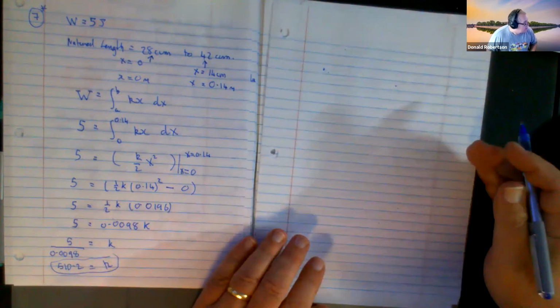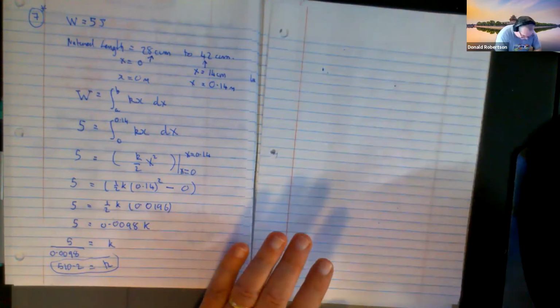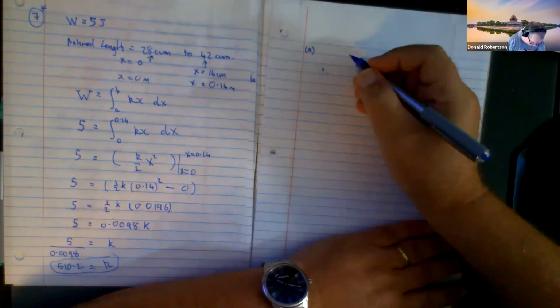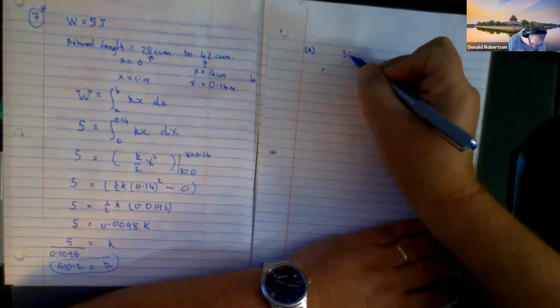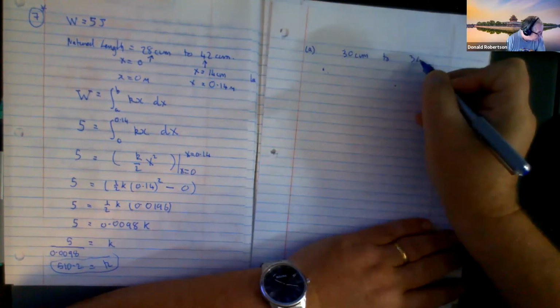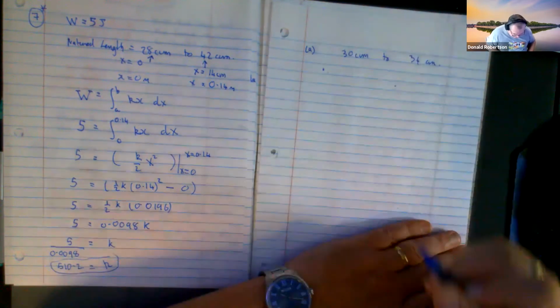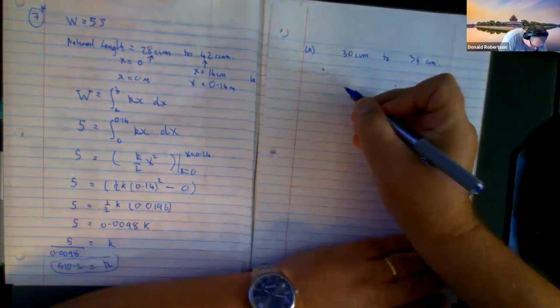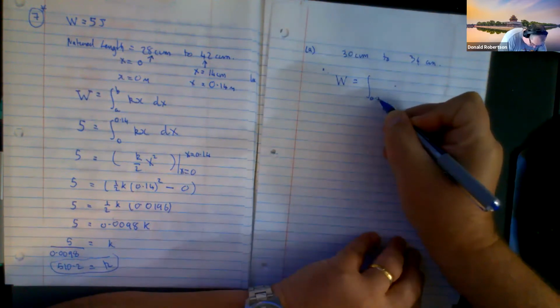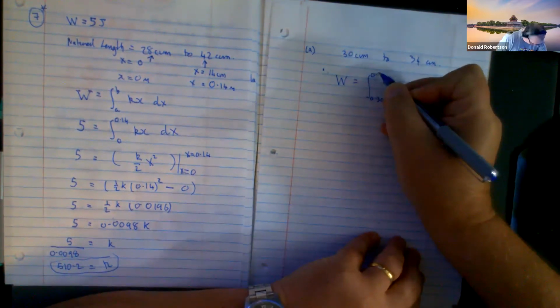Now, we haven't actually answered the question yet. Here are the 2 questions. I'll do one of them. It asks you how much work to stretch it from 30 centimeters to 34 centimeters. And don't write this down because it's wrong. Oh, I know how this works. 30 centimeters, 34 centimeters.